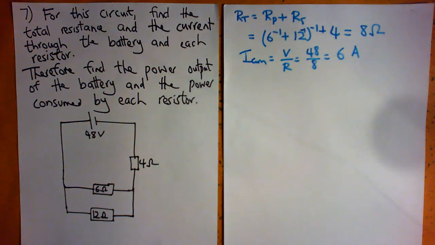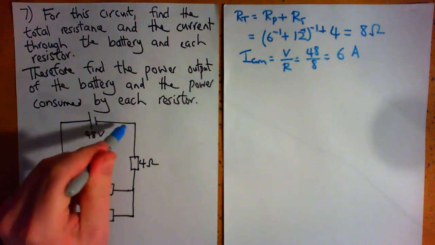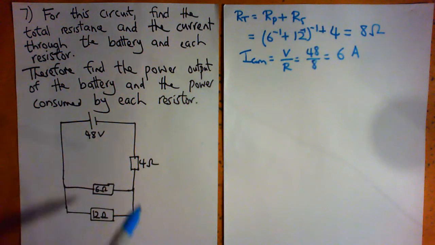So that is the current through the battery. In fact, it's the current through this whole part of the circuit, so it's the current through the 4 ohm resistor as well.